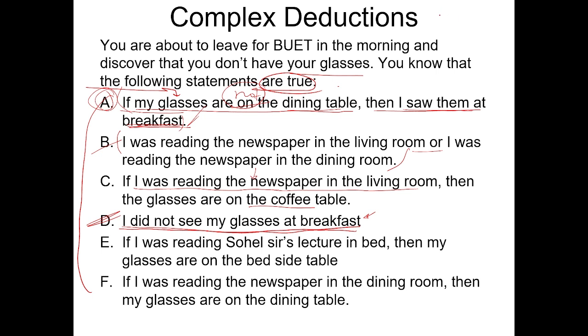We are talking about modus tollens, which is not Q implies not P. I did not see them at the breakfast. Sorry, I saw them at the breakfast is P, but you did not see them at the breakfast is not P, so not Q must be true. They're not on the table.